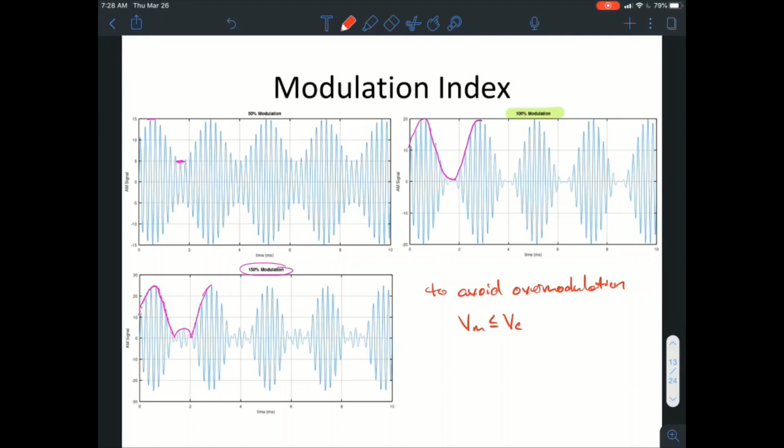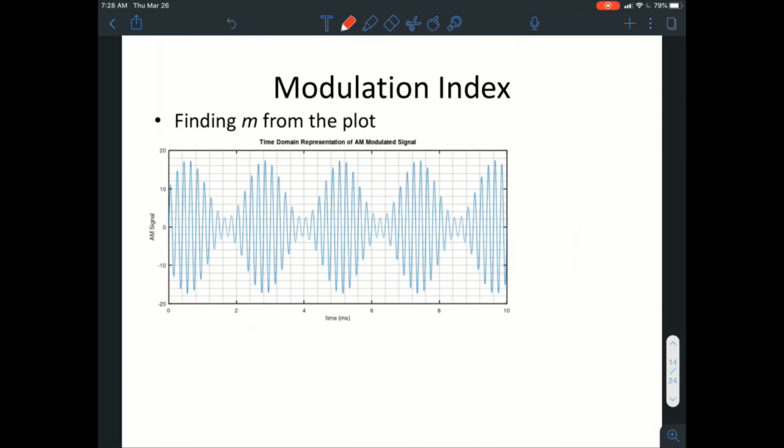Okay, moving forward. One of the skills you're going to be asked to do throughout this course is being able to find M from a plot. We already know that M equals V sub M over V sub C times 100%, right? But in this case, we don't know what V sub M is, and we don't know what V sub C is either.